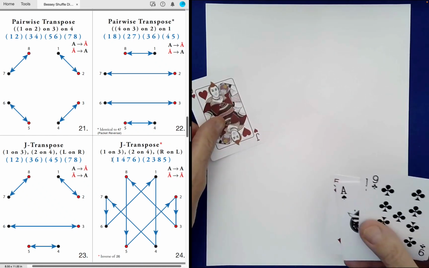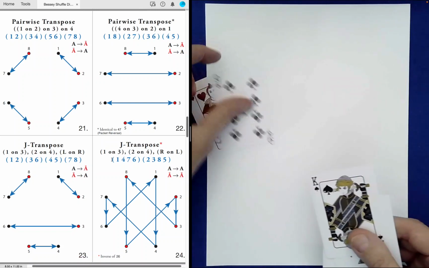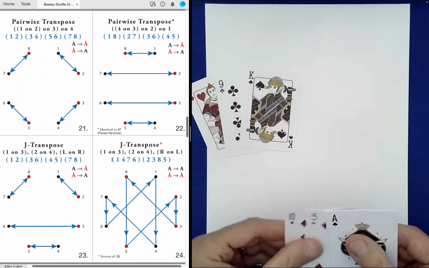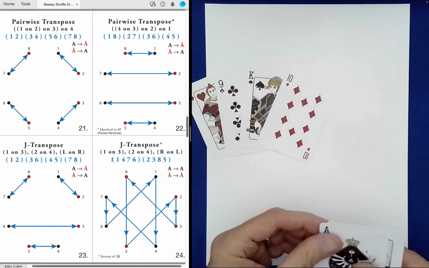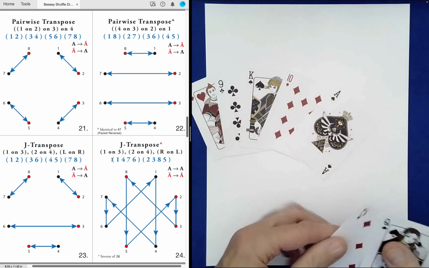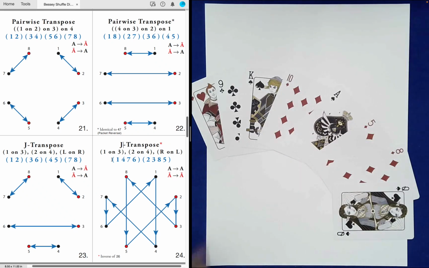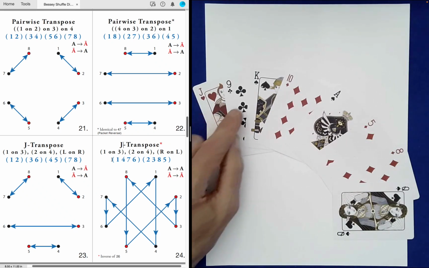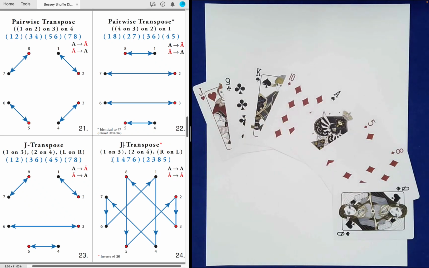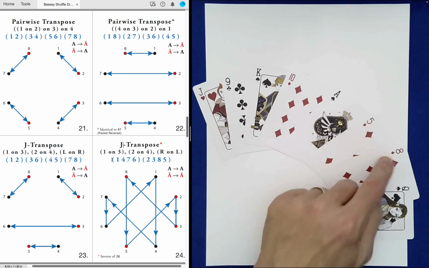Okay, so what I did was I built a Bessey sequence relative to card color. Well, think about what would that be, a Bessey sequence relative to card color. Well, we would need something like red, black, black, red, followed by black, red, red, black.